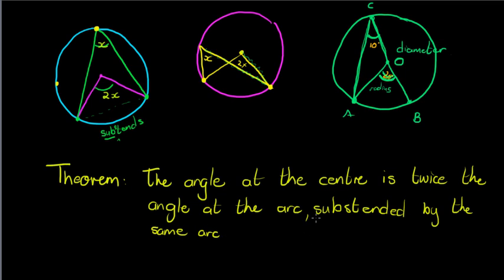Okay, this little part here, subtended by the same arc, just means that both of them are made with the same arc at their bottom. So for example, if I draw another angle at the arc here, you can see there's an angle at the arc, but it is not subtended by the same arc as the angle at the center.